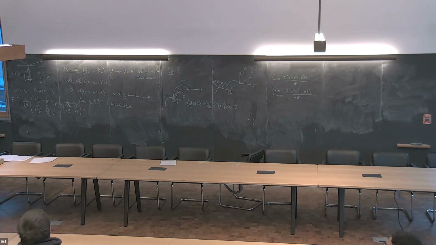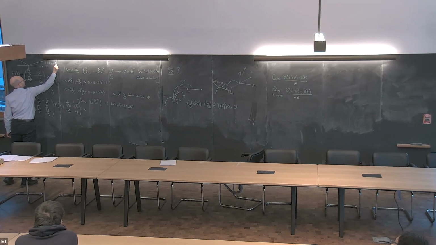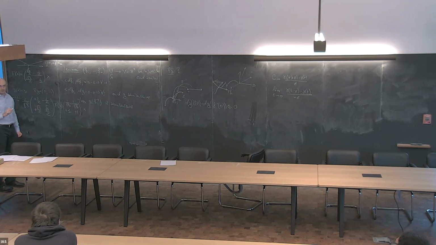I don't understand the condition, dg and dfi being negative. What is f1 here? F1 is this function, and F2 is this function.